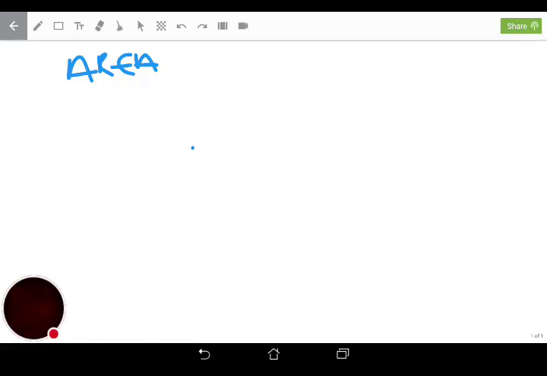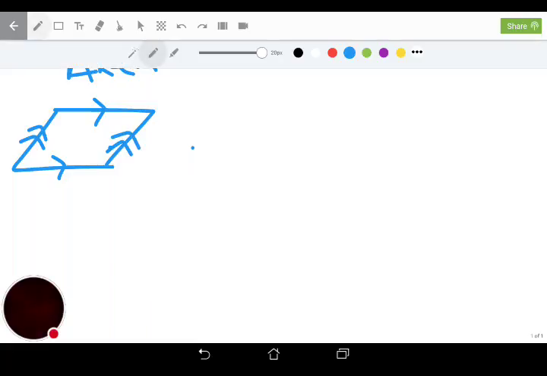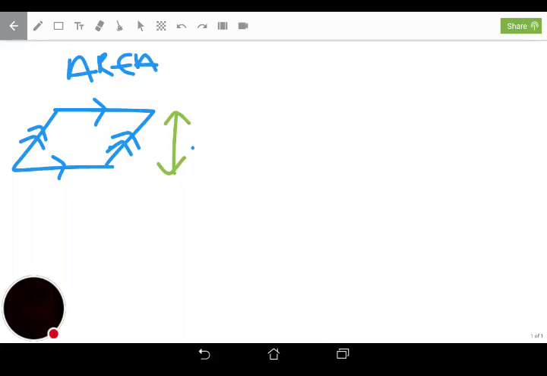So the ideal kind of question that we want to see in our exam is one that doesn't require a lot of work, especially when you're working out areas and you've got to try and remember formulas. So here is our parallelogram. Now in this case we're going to be given the height. So I'm going to imagine that the height of my parallelogram is 5 centimetres, and that my base here is 10 centimetres.